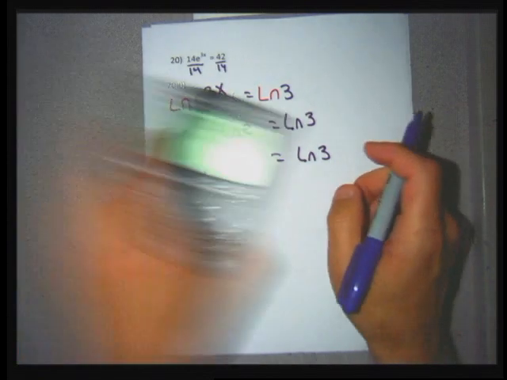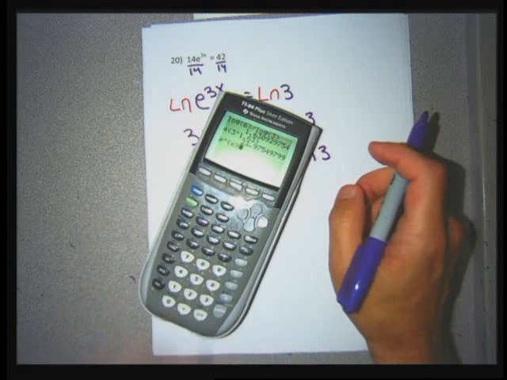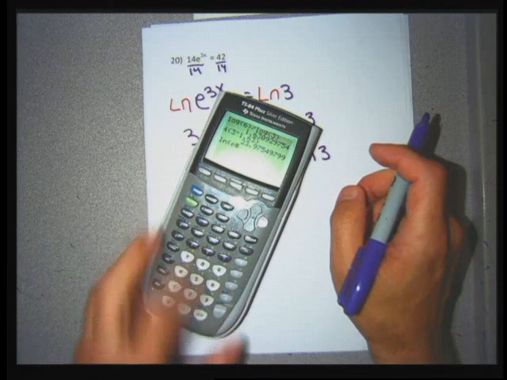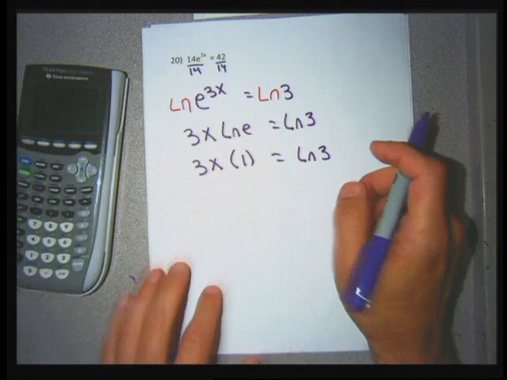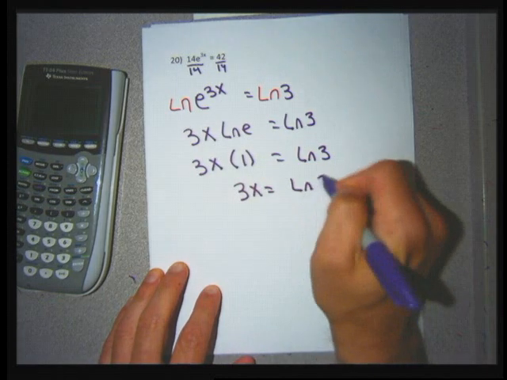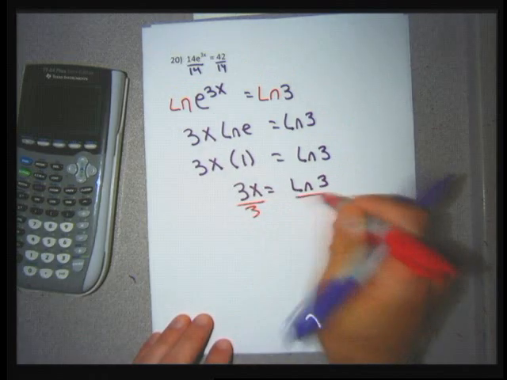The ln of e is equal to 1, so I can replace the ln of e anytime I see it with a 1. So this problem becomes 3x equals the natural log of 3. I'm going to divide both sides by 3.